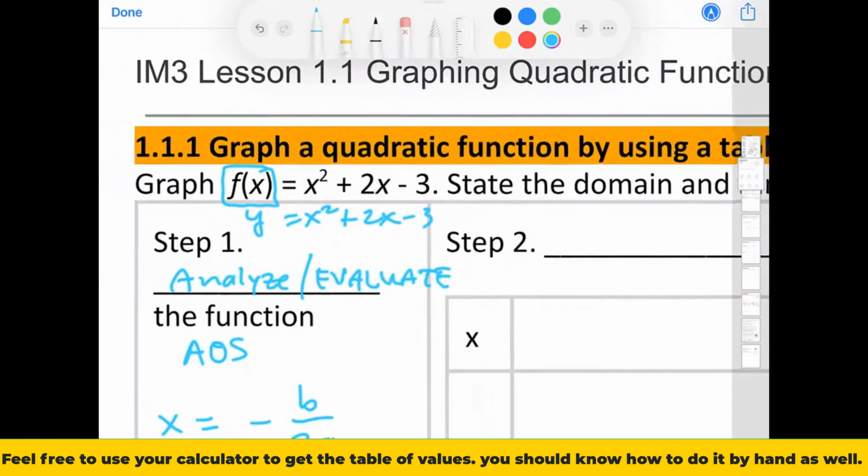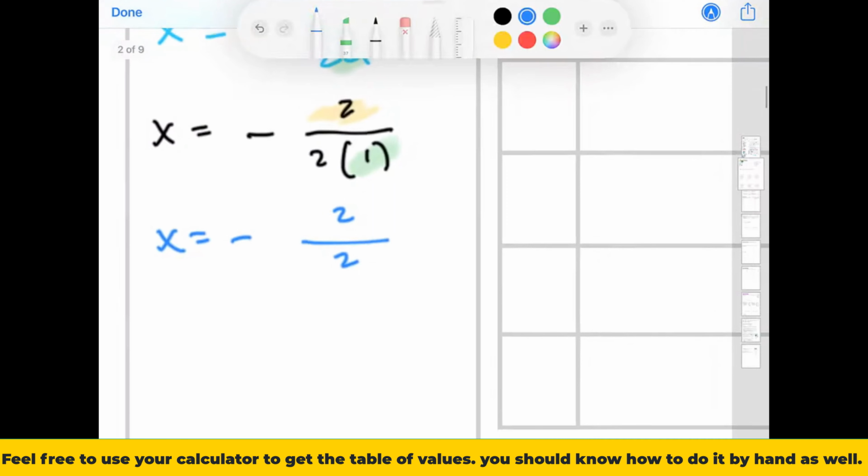It's right next to the 2. And then we could just simplify this. X equals 2 over 2, and 2 divided by 2 is just 1. Or when you cancel them, you can say this is like a big 1 right there. So your answer is negative 1. Let's box our answers. The axis of symmetry is negative 1.